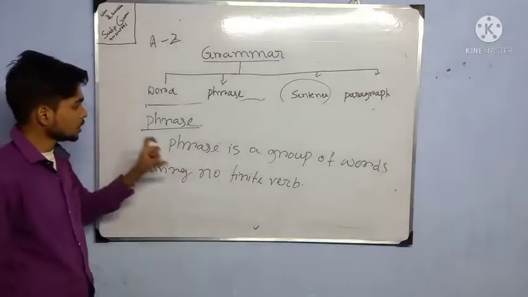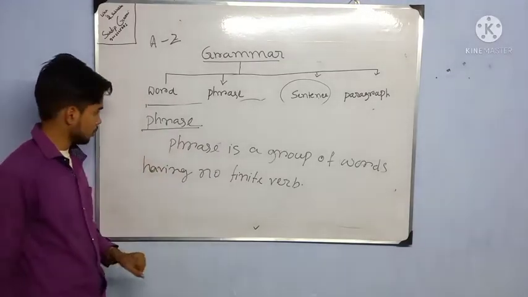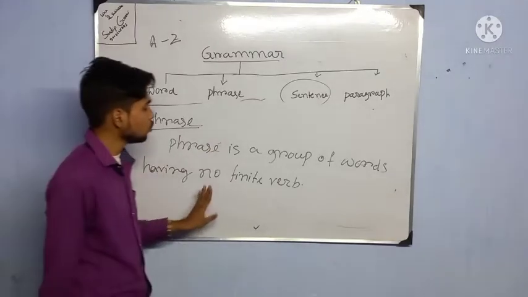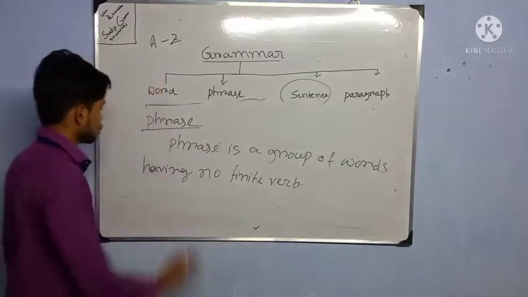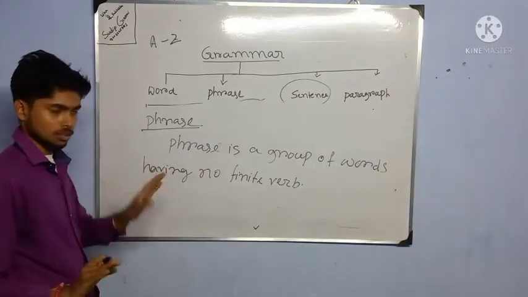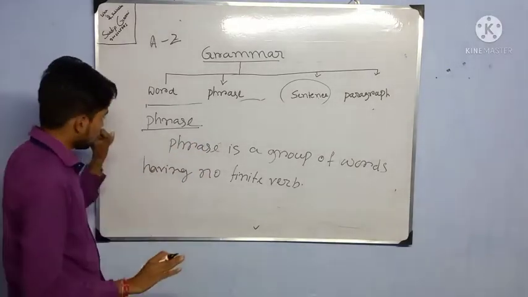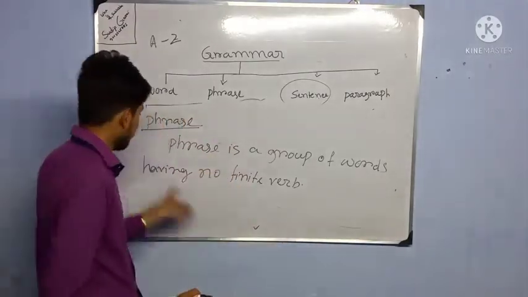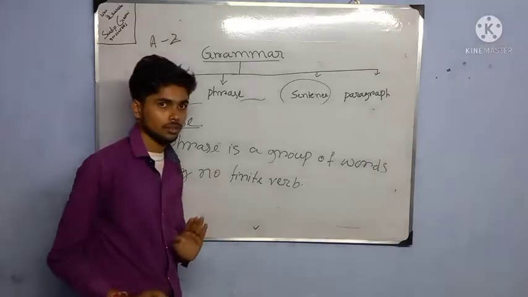Phrase is a group of words. Phrase is a group of words having no finite verb. So in a phrase you can't find a single finite verb. I think you know. Phrase is a group of words having no finite verb.